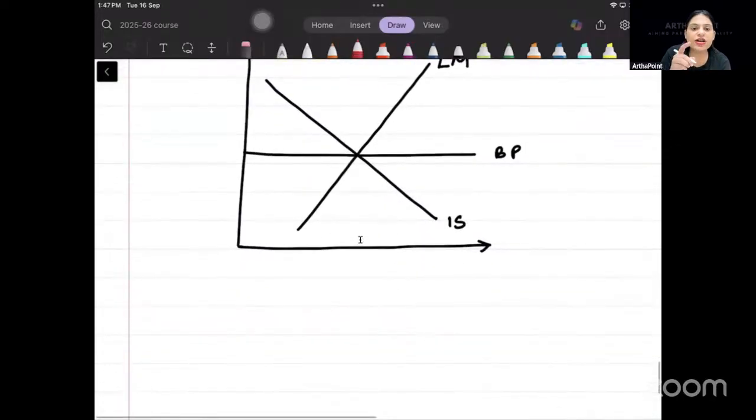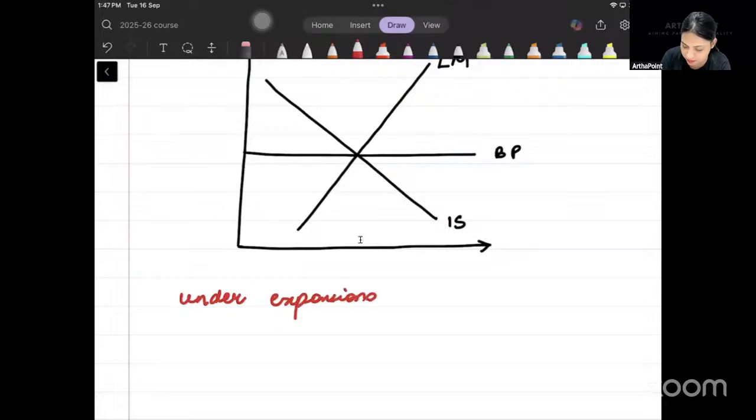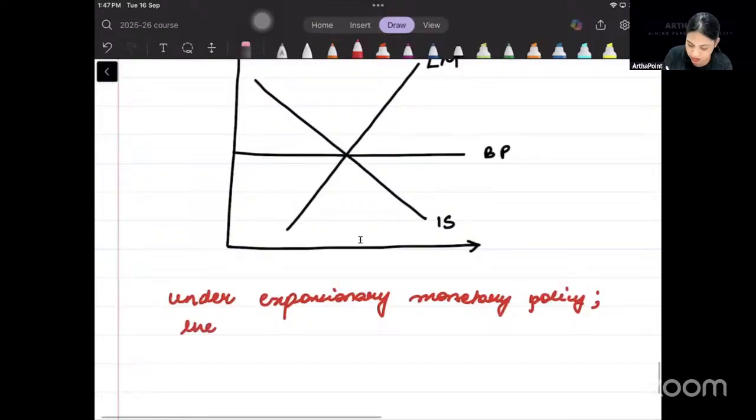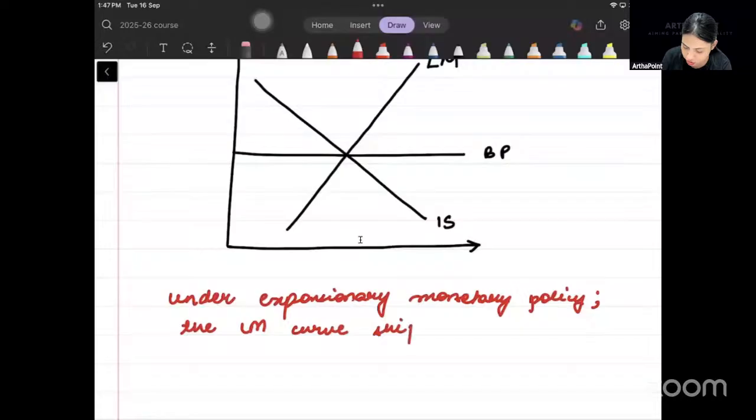Now, we are talking about expansionary monetary policy. Under expansionary monetary policy, the LM curve shifts rightwards.